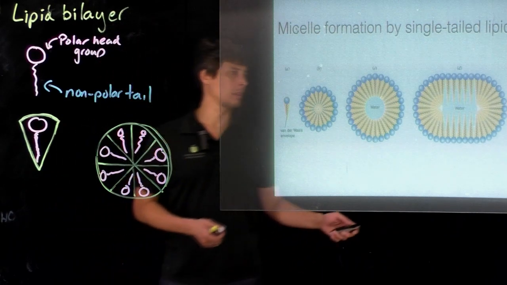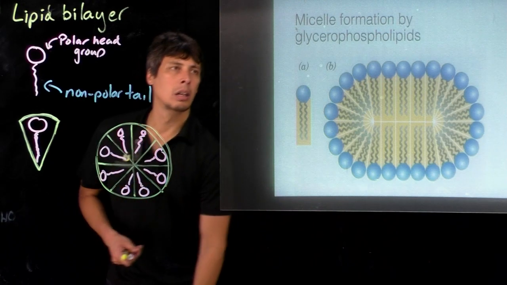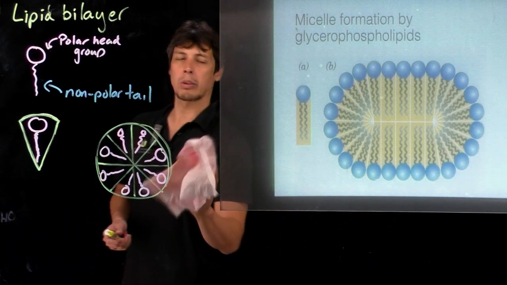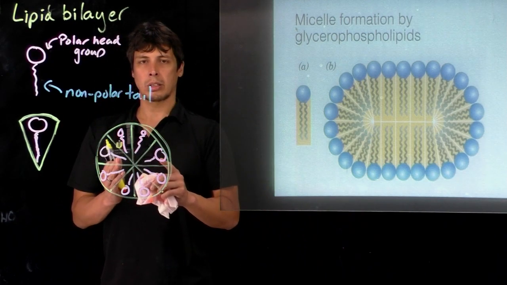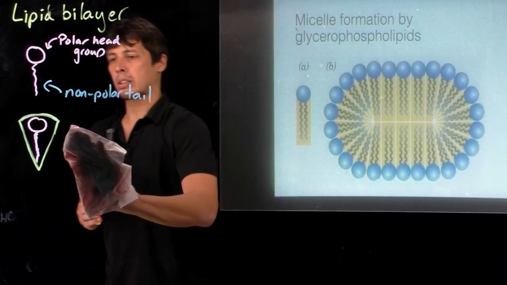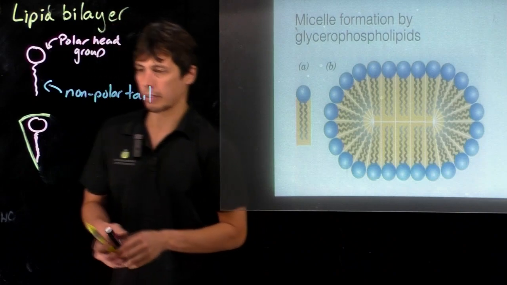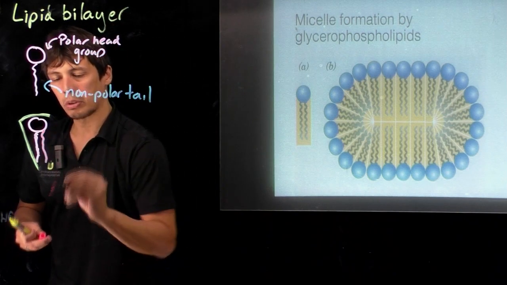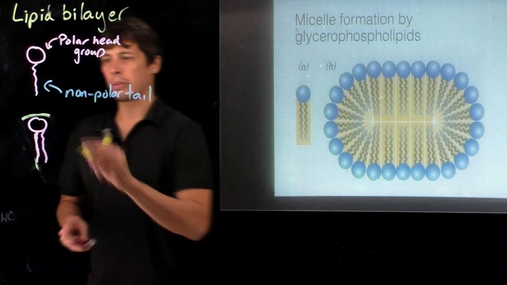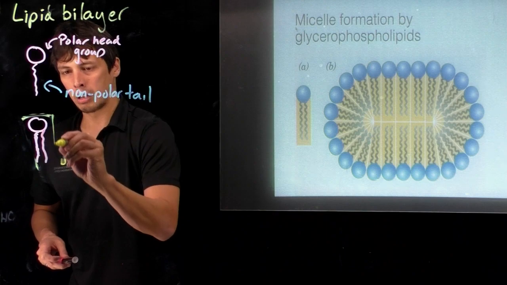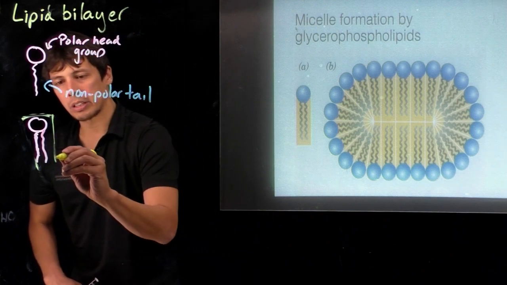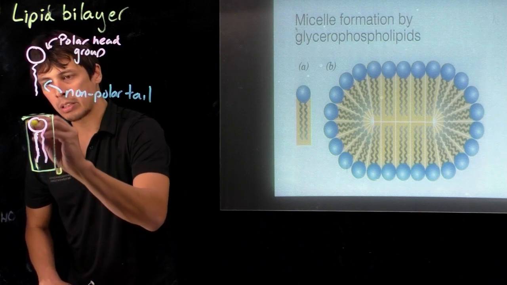By contrast, glycerophospholipids have more of a rectangular shape, where because there are several tails attached to the glycerol, this takes up more space, and if we think of adding another tail to this polar head group, now it's more even, and we can think of this as a more rectangular shape, such as this.